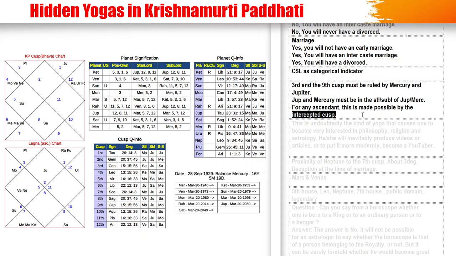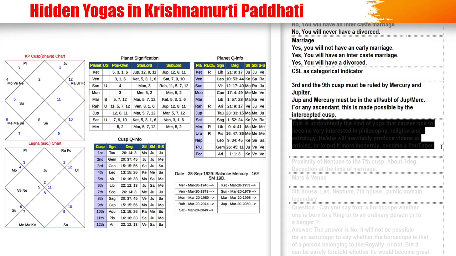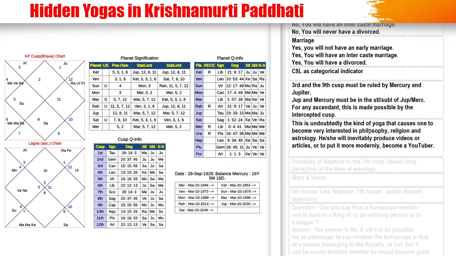When I was discussing this particular rule, or my finding, I would say, with one of my friends, who is himself a reasonably good KP astrologer, he pointed out that in his own horoscope, this particular rule doesn't appear.